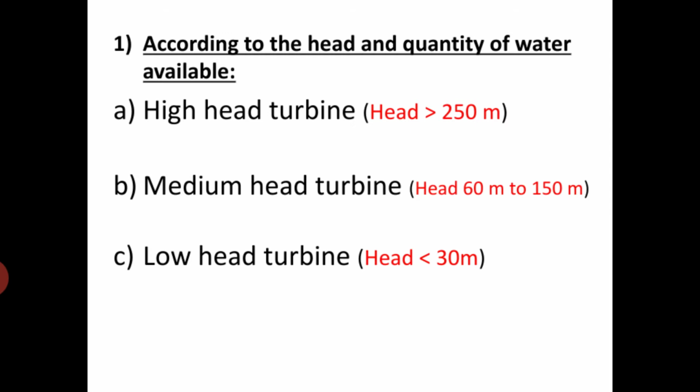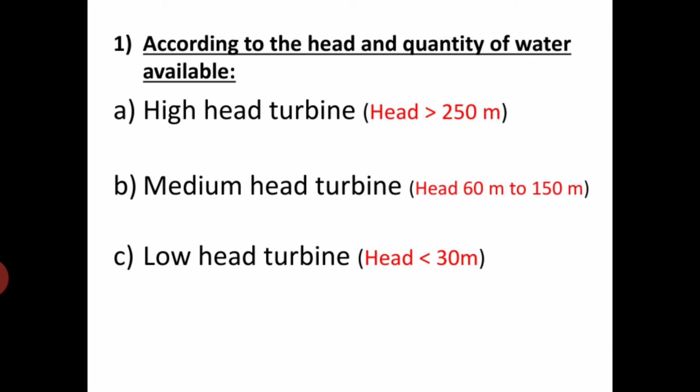And the turbines which are capable of working under a low head, that is less than 30 meters, are called low head turbines. The quantity of water required for these turbines is large. Kaplan and other propeller turbines are in general low head turbines.